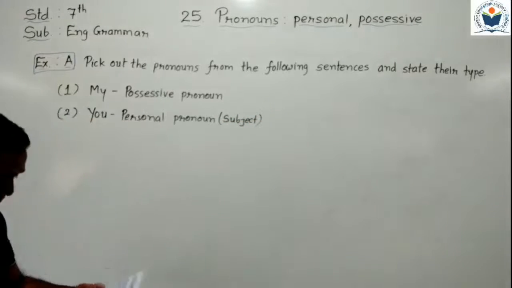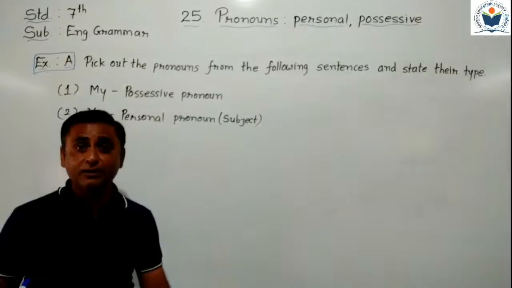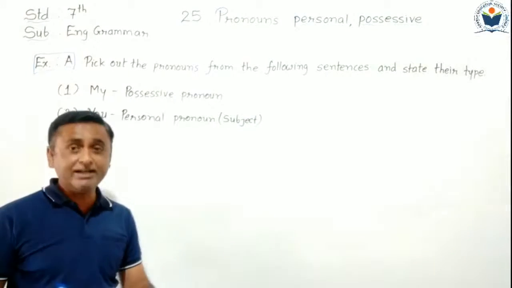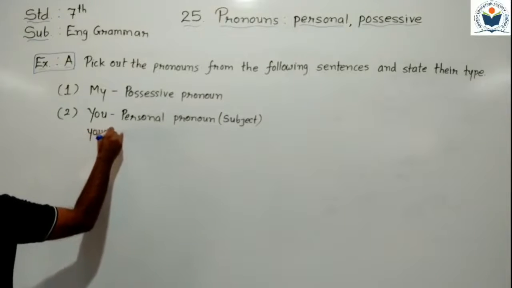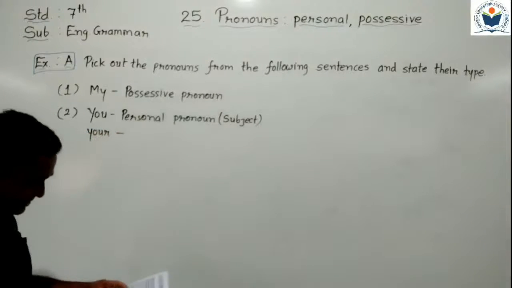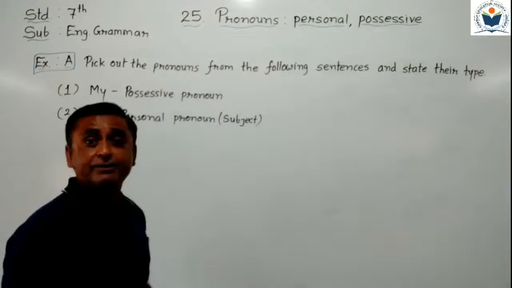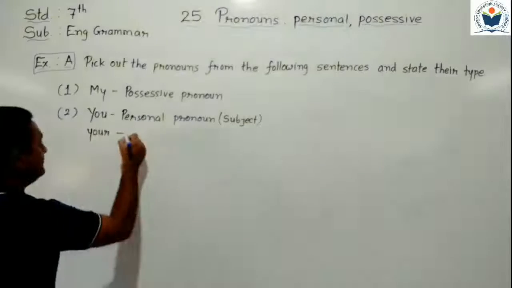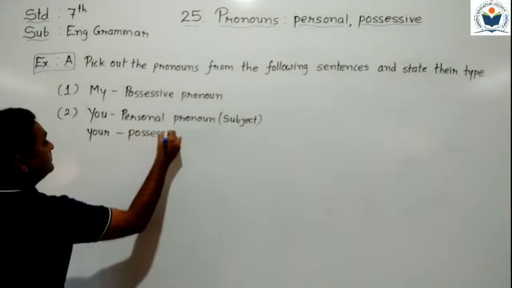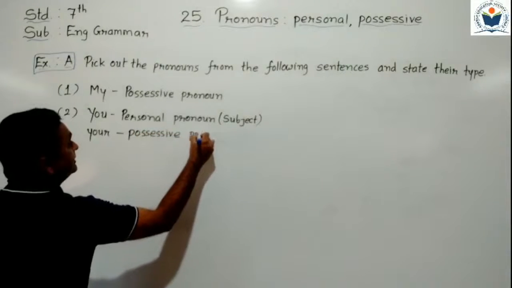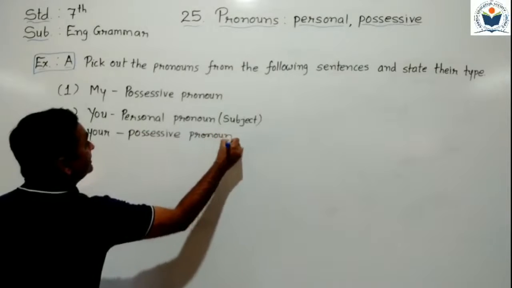So we can say that it's a subject pronoun, personal pronoun. And the second word there is your. Your, which type of pronoun can you identify? Your means possessive pronoun. So what do we have to write here? Possessive pronoun.